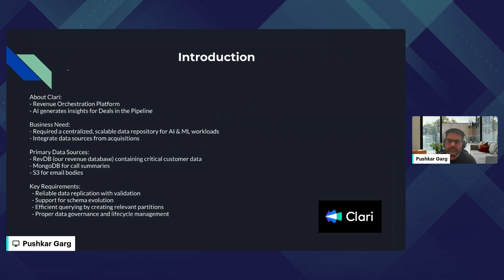We ingest that into our RevDB, and the other data source is MongoDB. Every deal would have some kind of conversation happening around it, whether over Zoom or via emails exchanged. So those two additional data sources we needed to incorporate into our data lake.